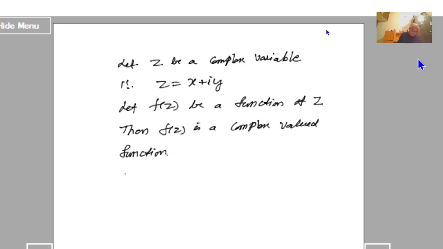So that is f of z must be of the form u of x comma y plus i into v of x comma y. Or simply we write this as u plus iv, where u and v are functions of x and y. This is a complex valued function.